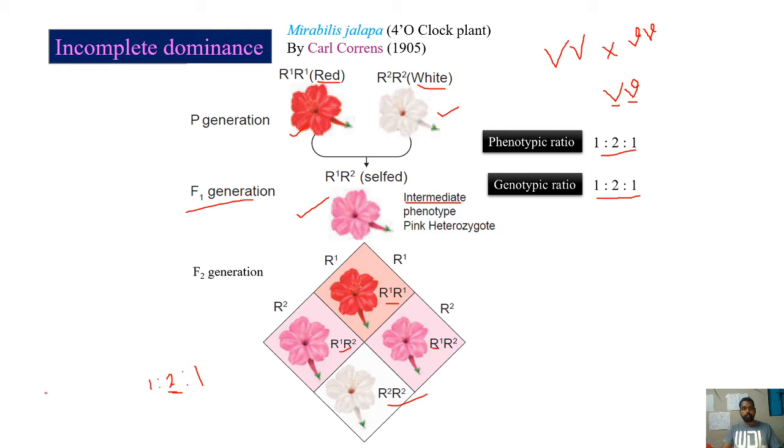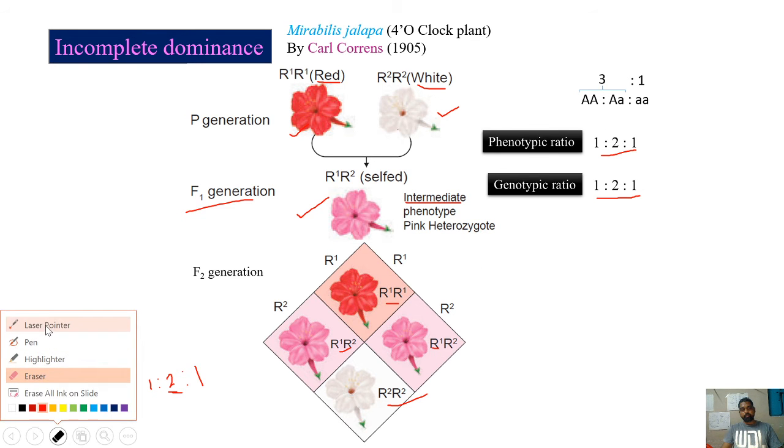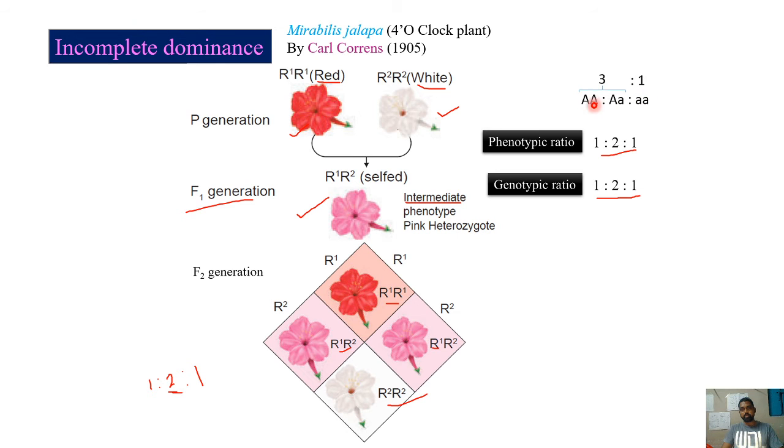So when we were discussing the monohybrid cross with only the dominant relationship, we have seen that the homozygous plant is of two different types. One is homozygous dominant, the other one is homozygous recessive, and this one is heterozygous. Both homozygous dominant and heterozygotes give the same phenotypic expression because one particular allele is dominant over the other one.